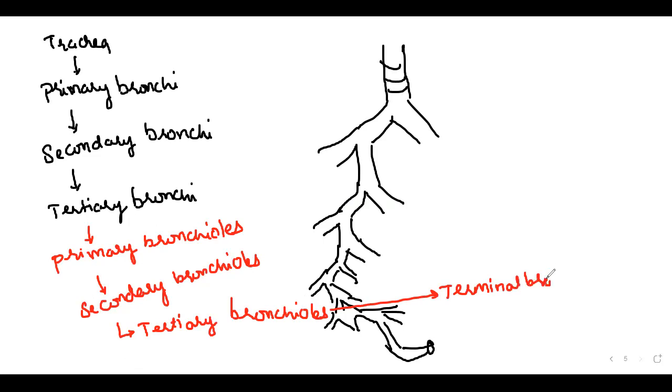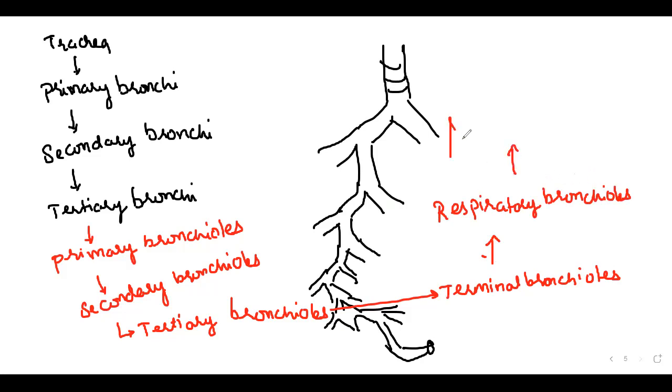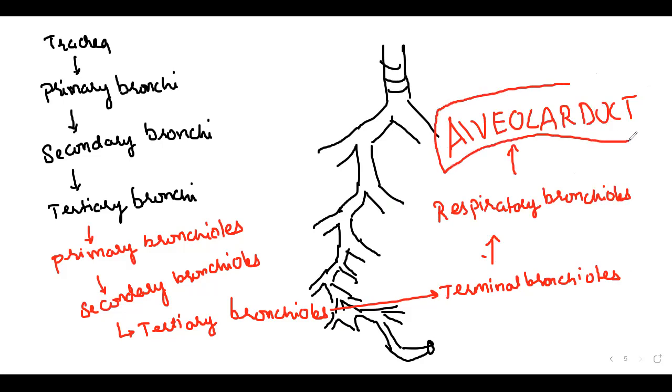You just need to remember bronchi three: primary, secondary, tertiary. Then bronchioles: primary, secondary, tertiary, terminal. What next? Respiratory bronchioles. Finally, the last duct is the alveolar duct, the smallest one, which I am writing in bigger letters.